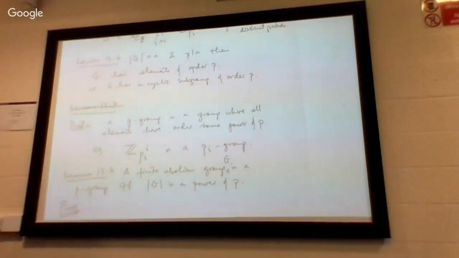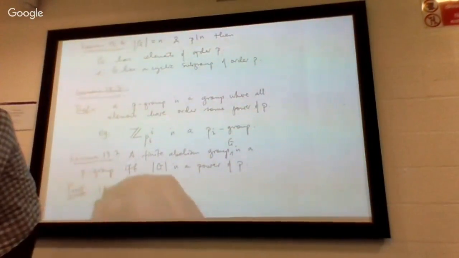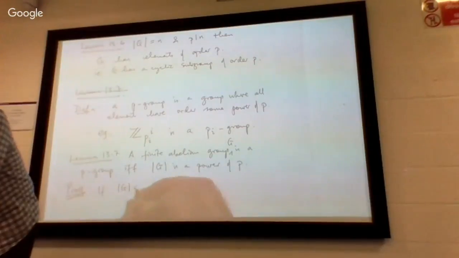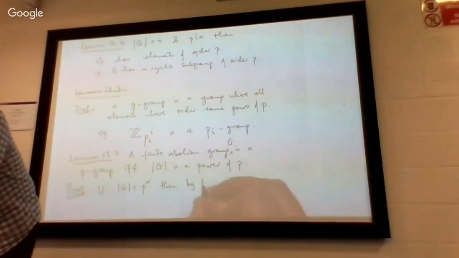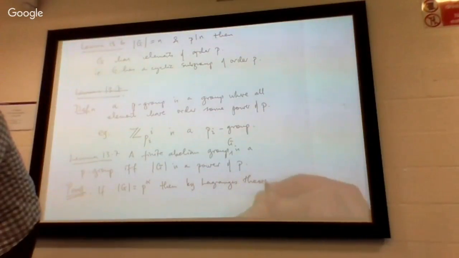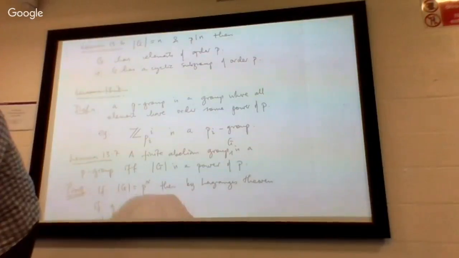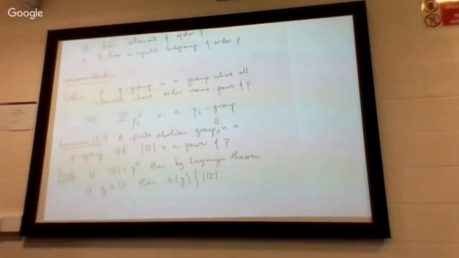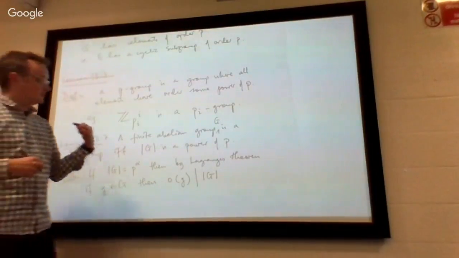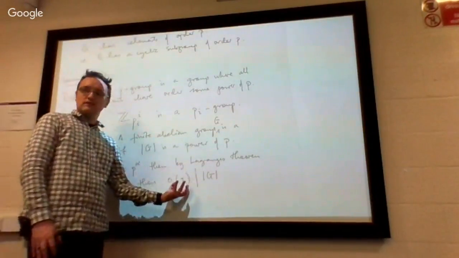Lagrange's theorem gets us one way. If the order of G is p to the alpha, then by Lagrange's theorem, if little g is in capital G, then the order of little g divides the order of G. That's the order of the cyclic subgroup generated by that element.